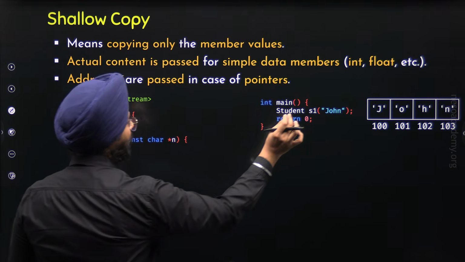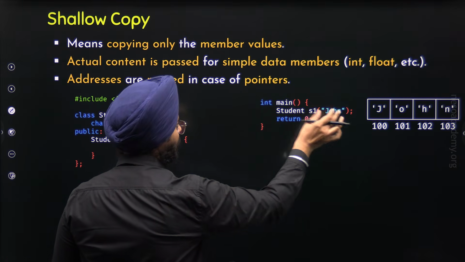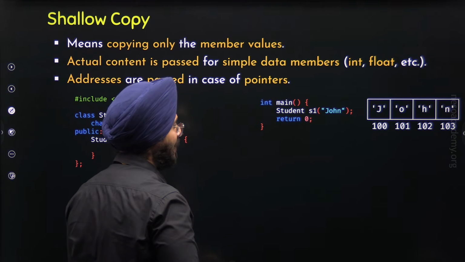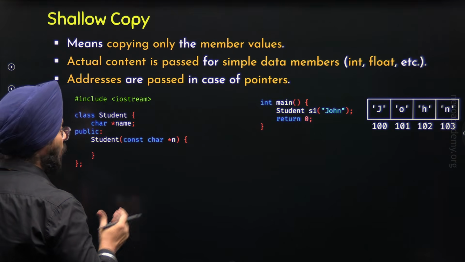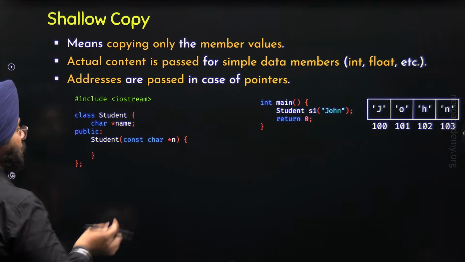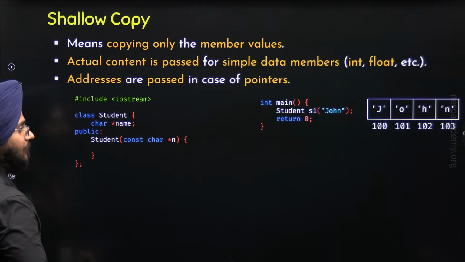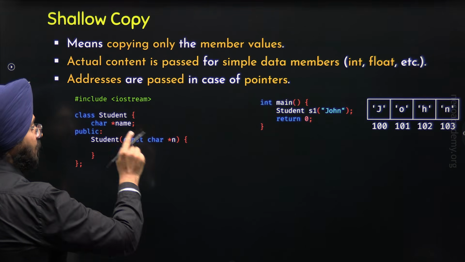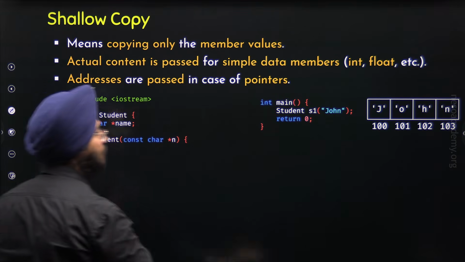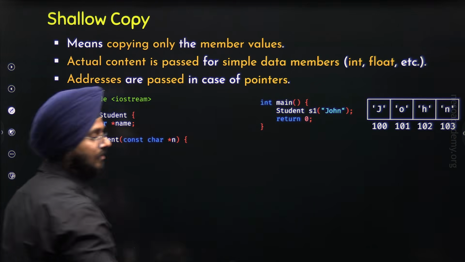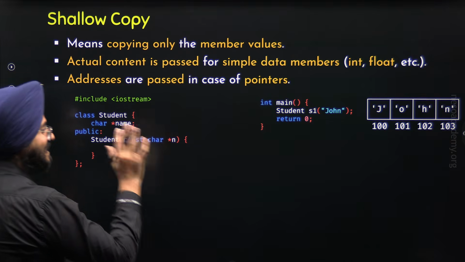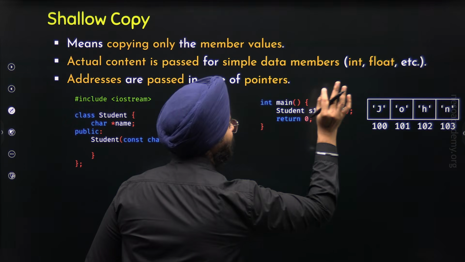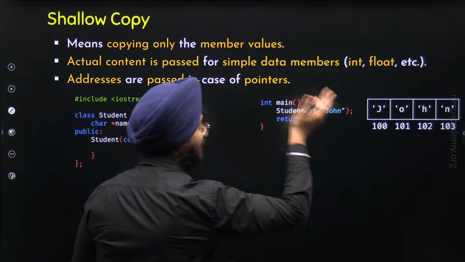Here I want to initialize this object S1 with the string John. This means the constructor will receive the string and we want to receive it somewhere. That is why I have defined this pointer. This pointer will hold the address of the first character of this string literal, because passing the string to a function is the same as passing the address of the first block of that string.